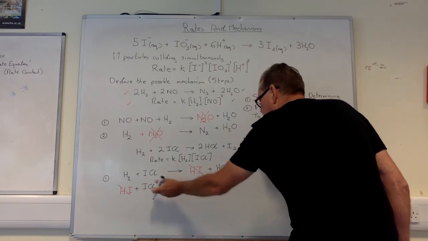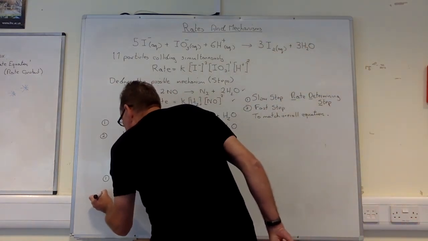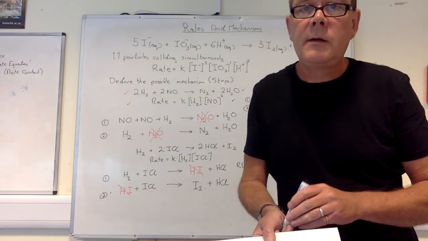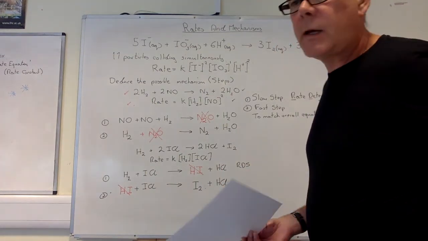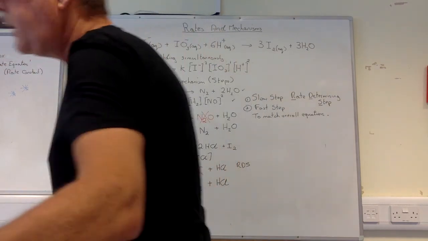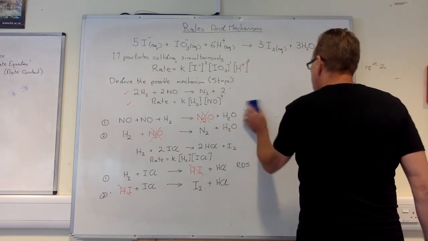That's your second step to give you, when you add them together, the overall equation. Job done. That's the question answered. Okay, now we'll do one more. See how you go. I always find these quite tricky for me, but the students seem to get the hang of it.